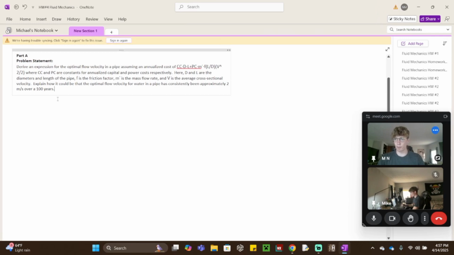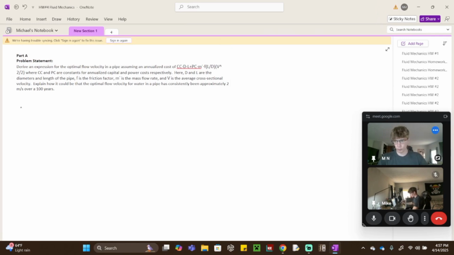Alright, so the first thing I'm going to do is write down our annualized cost equation. So here we have our annualized cost, and it's going to be equal to the Cc, which is our annualized capital, multiplied by the diameter times the length, plus the Pc, which is our power costs.